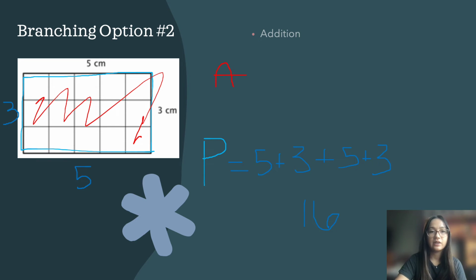For area, we know that the formula is length times width. But again, if we're not comfortable with using multiplication, we could always break this problem down into 5 plus 5 plus 5. So we know that the formula for area is length times width, as shown before.